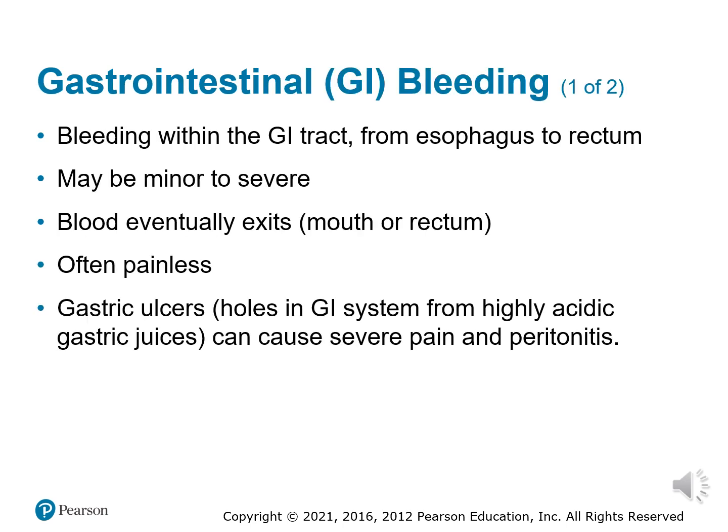Next, we'll talk about gastrointestinal bleeding. It's bleeding from within the GI system, which can occur anywhere from the esophagus to the rectum. Depending on the size of the source blood vessel, GI bleeding may be gradual or it can become sudden and very massive.